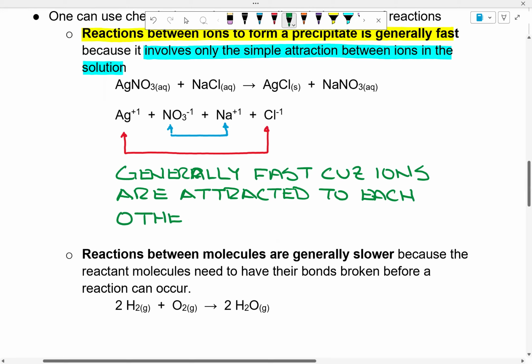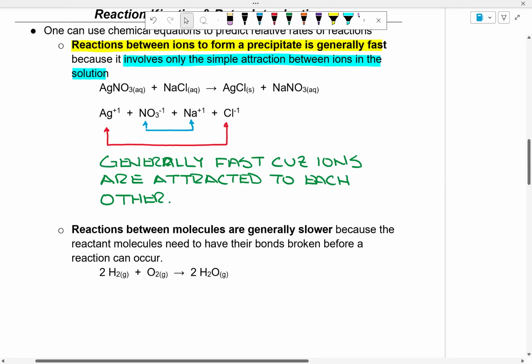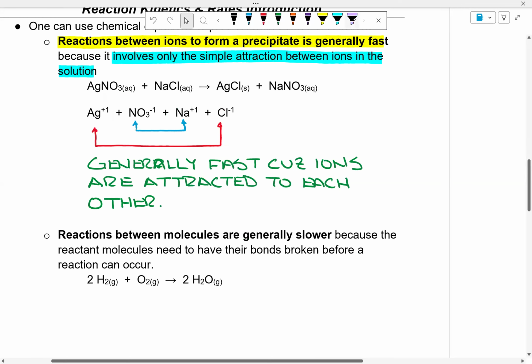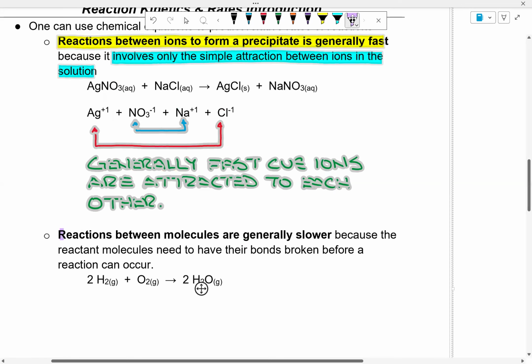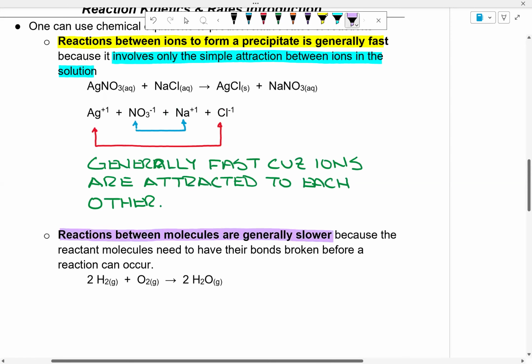And as a result, there's nothing but a simple attraction. Conversely, if you take a look at reactions between molecules, they are generally slower. Why? Because the reactant particles need to have their bonds broken before a reaction can occur.